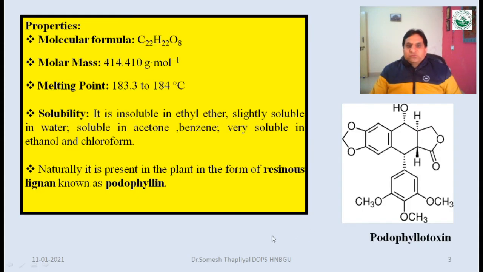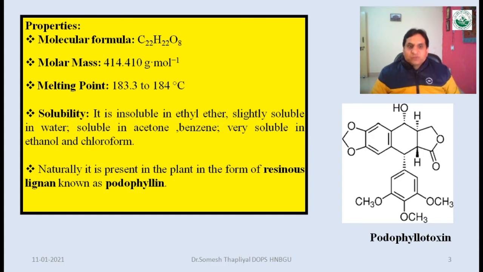If you see the properties of podophyllotoxin, its molecular formula is C22H22O8. Molecular mass is 414.410 grams per mole. Melting point is 183.3 to 184 degrees Celsius.